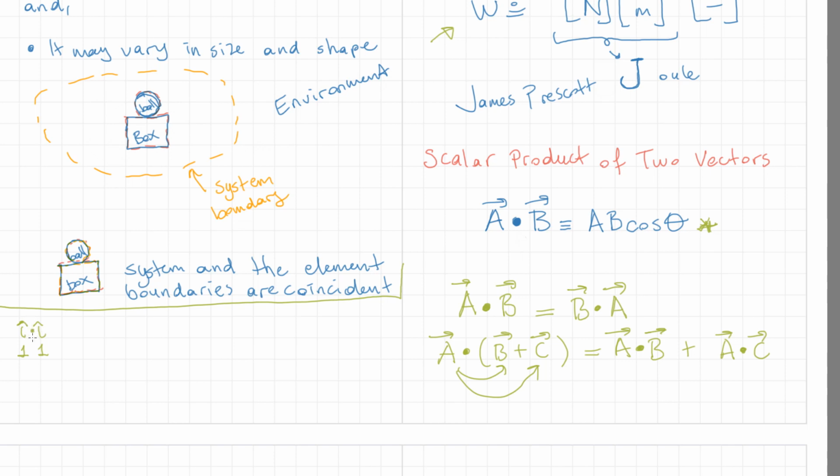Here we know that the unit vector i and the other unit vector i are lying on the same axis. Therefore, the angle between them is 0. So I have cosine 0 here, which is also equal to 1. Therefore, i times i is equal to 1. Of course, the scalar products of all three unit vectors with themselves are the same. They are equal to 1.